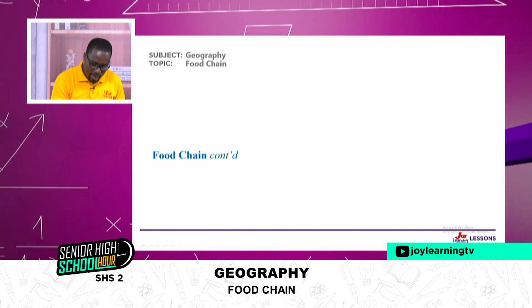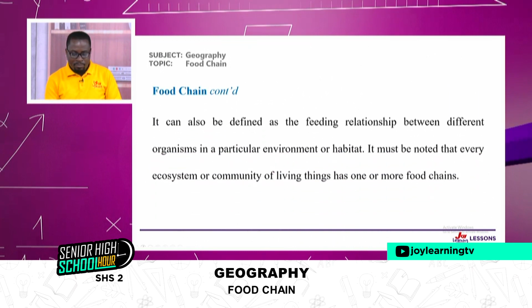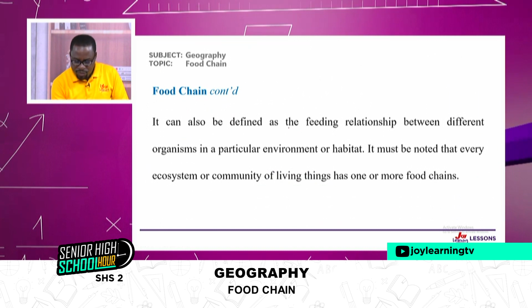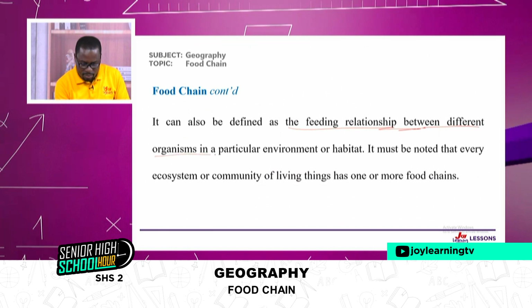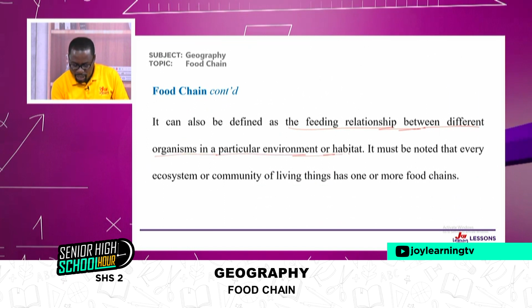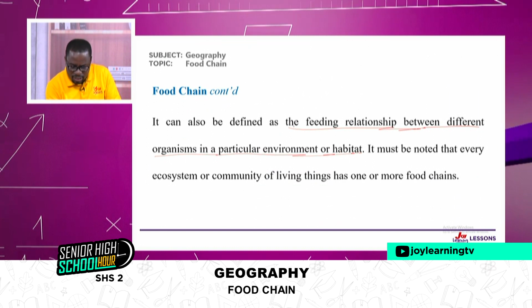So we move forward to keep explaining food chain by saying that it can also be defined as the feeding relationship between different organisms in a particular environment or habitat. I think I love this definition.